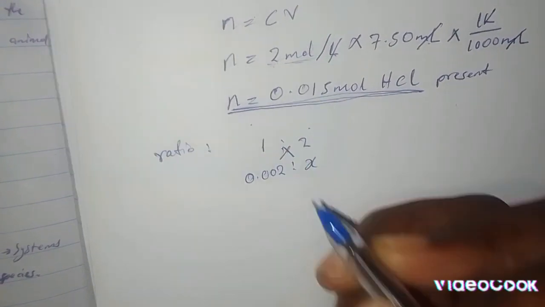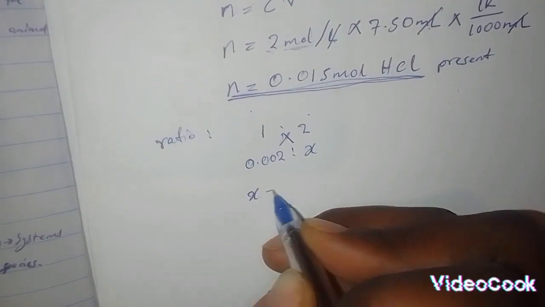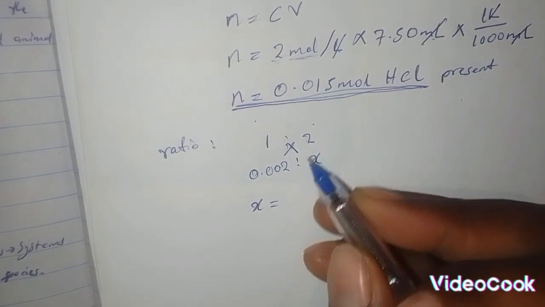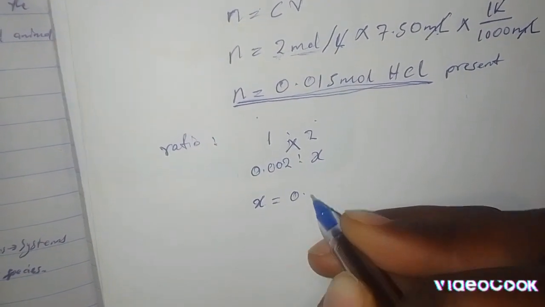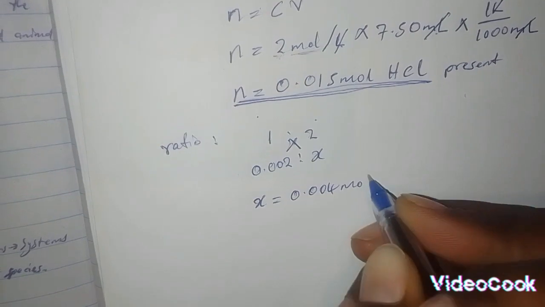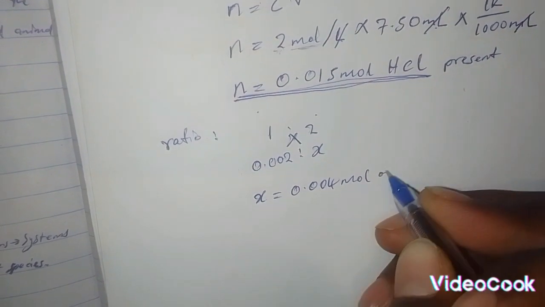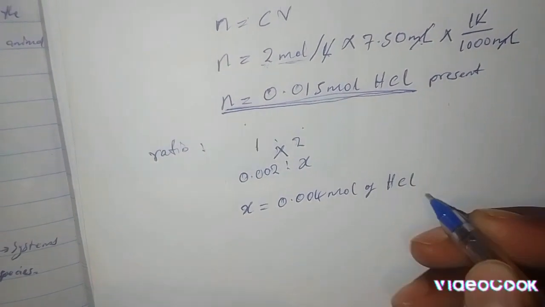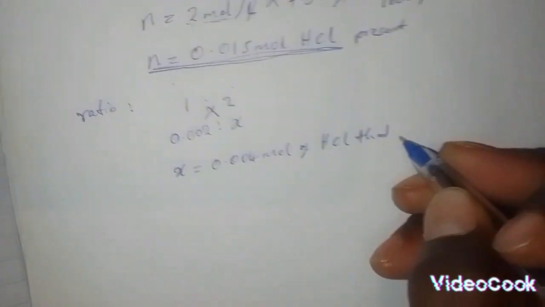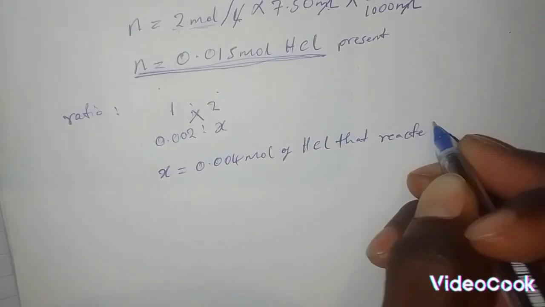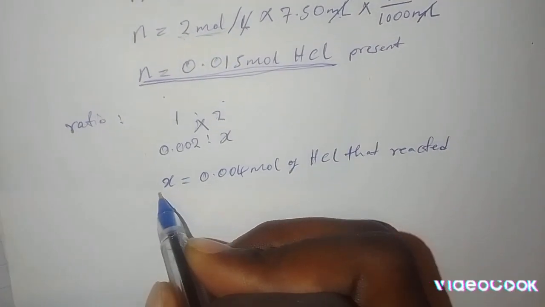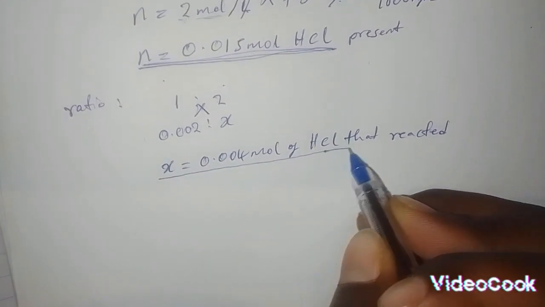In this case, we'll cross multiply here. Then we'll say number of moles is equal to, when we multiply this, it is going to give us 0.004 moles of HCl that reacted. So this is the number of moles of hydrochloric acid which reacted.